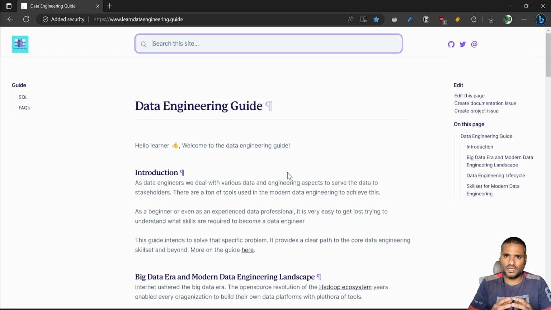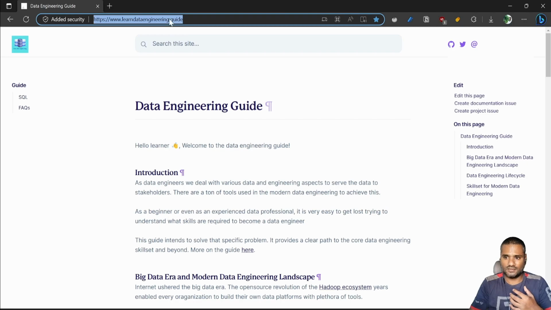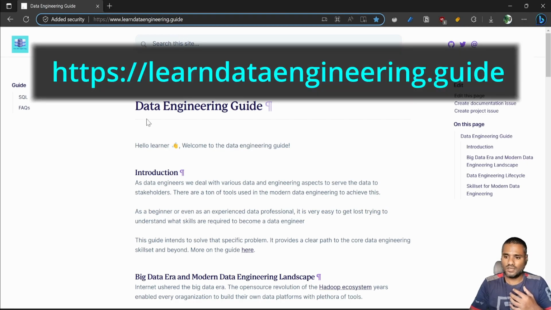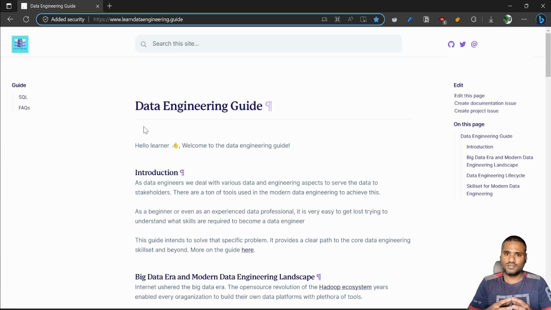If you want to follow a path in becoming a data engineer, or craft your skills in the data engineering space, I'm preparing a guide that is present at learndataengineering.guide. This is a very simple guide that focuses on core skills for a data engineer, like data skills, software engineering skills, data orchestration tools, and other important skills. In a modern data engineering world, we need several skills.